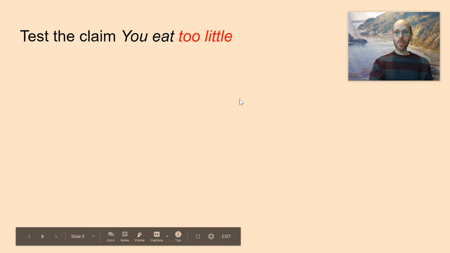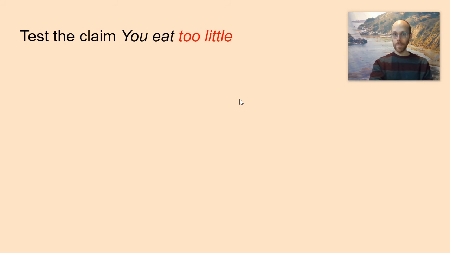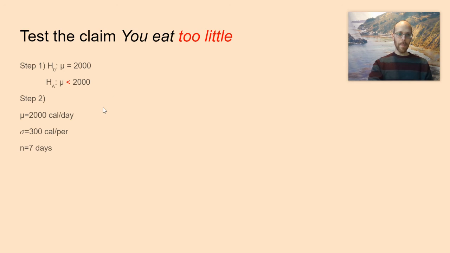Okay. So let's suppose we were testing the claim that you eat too little. If we were going to do that, what would change is first our alternative hypothesis would become that mu is smaller than 2,000. In step 2, our mean and our standard deviation would be the same. Let's suppose, because this will make more sense in context, that when we ran our sample, you were actually below the 2,000.